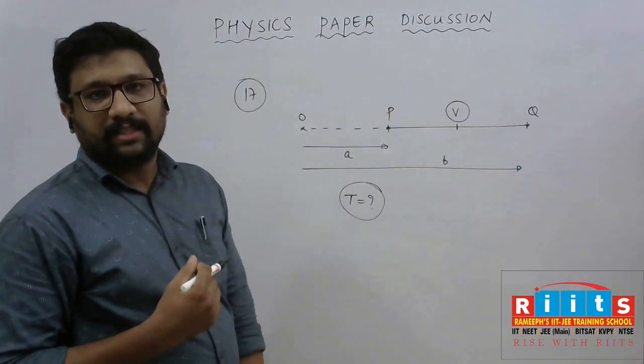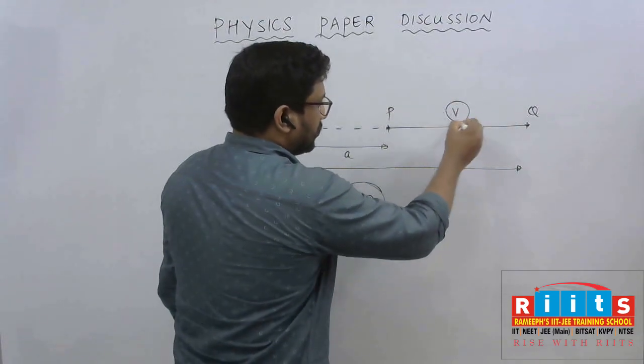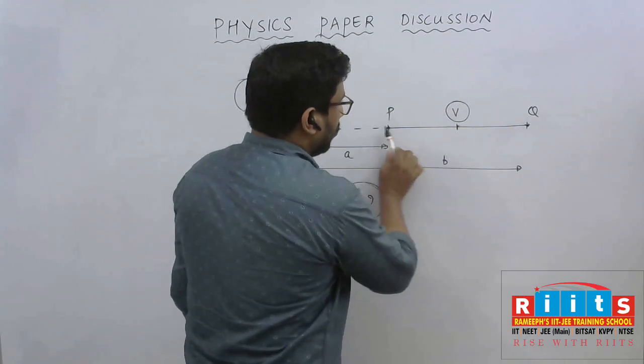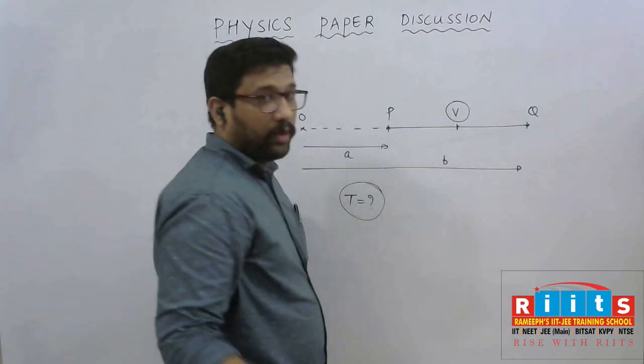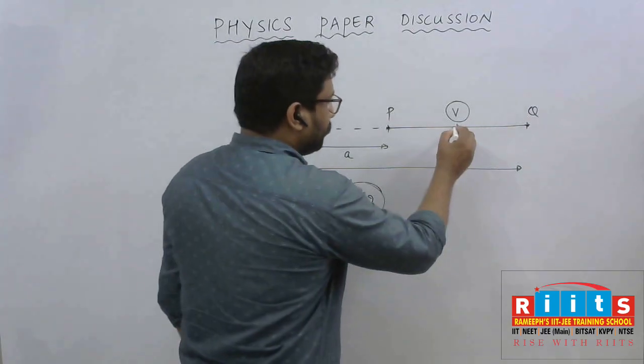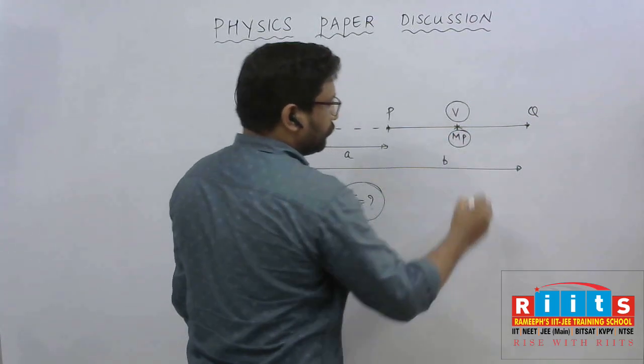How can we find out the time period of oscillation? See here, this is the velocity at the midpoint. For the oscillation, SHM is happening between P and Q in such a way that P and Q are the extreme points. The midpoint is the mean position. What is the importance of mean position?